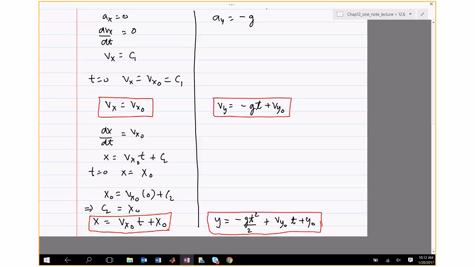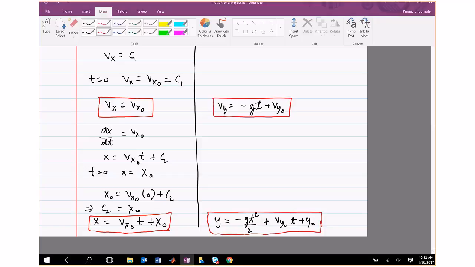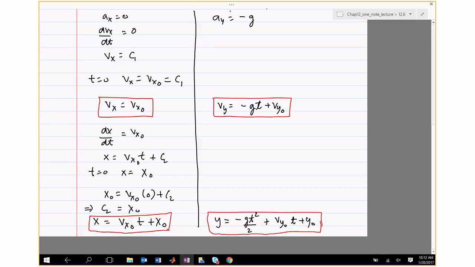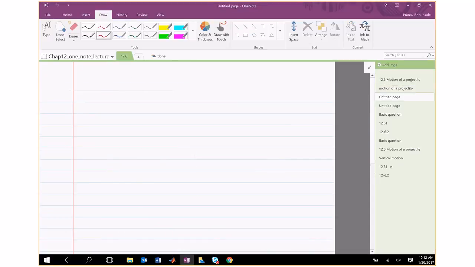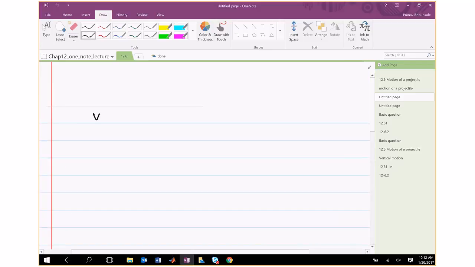So this gives me the position x as a function of time, and this gives me the position y as a function of time. Now, sometimes it's very useful to find the velocity as a function of only the distance and not the time. This is the formula we did a long time back: v dv equals a ds.